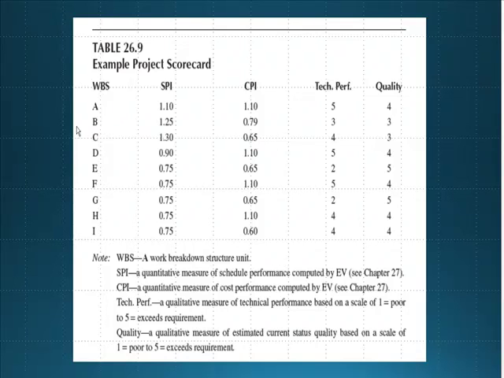That is number 1, then number 2 you go to B, and you go to C, and you finish at I, and you come up with all the measurements for those 4 different categories. Then when you're ranking them, you need to choose first: what is most important? Are we more focused on SPI, CPI, quality, or technical performance? That is pretty much how we apply this example project scorecard when we try to manage a project from a metrics standpoint.